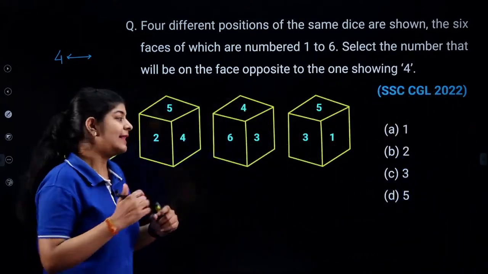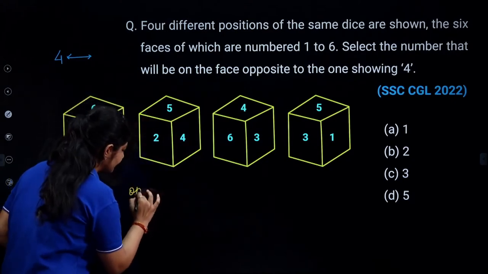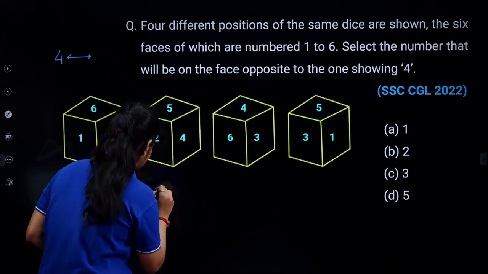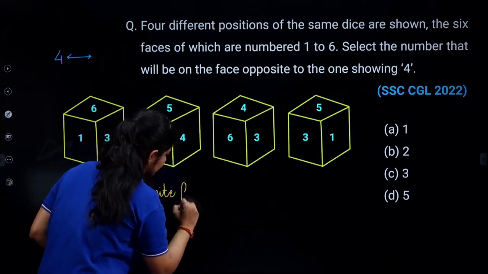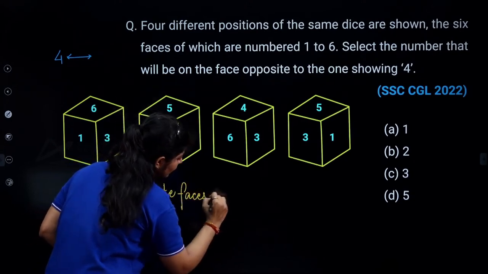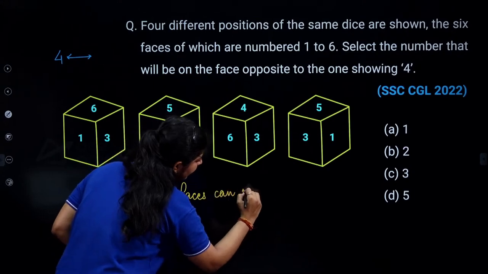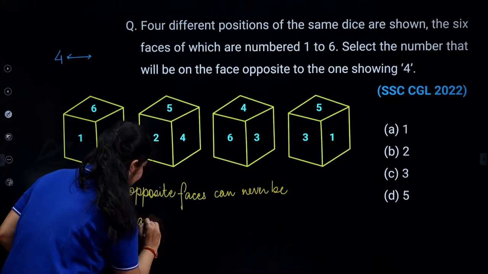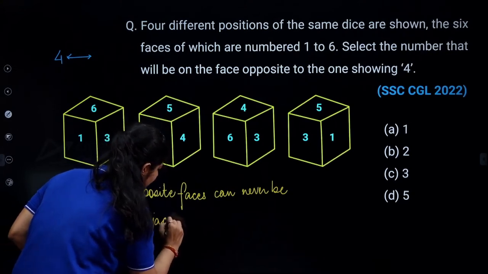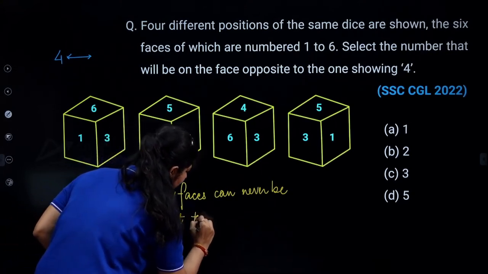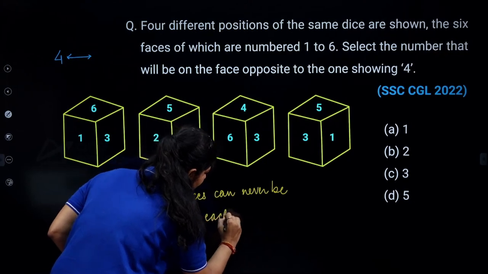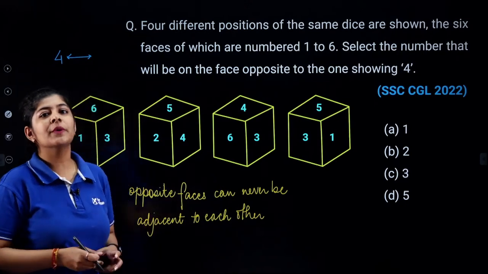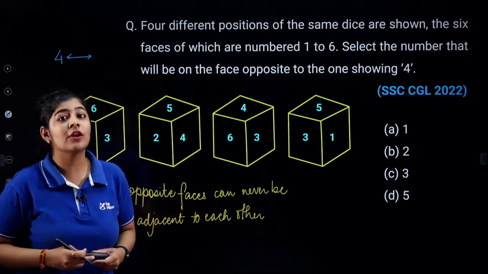What I am saying is that opposite faces can never be adjacent to each other. Right? Now what we need to do is identify the opposite pair of 4.